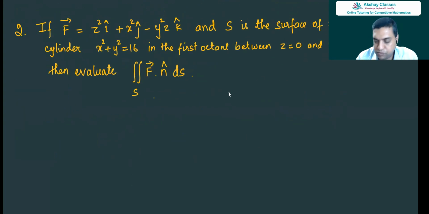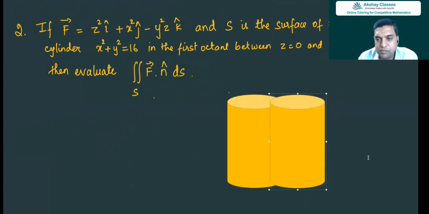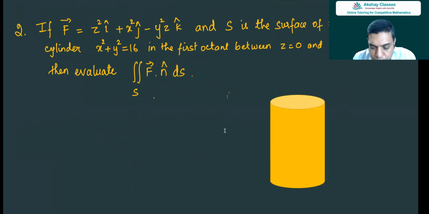Yeah, this is a cylinder. Now we will draw a three-dimensional axis.